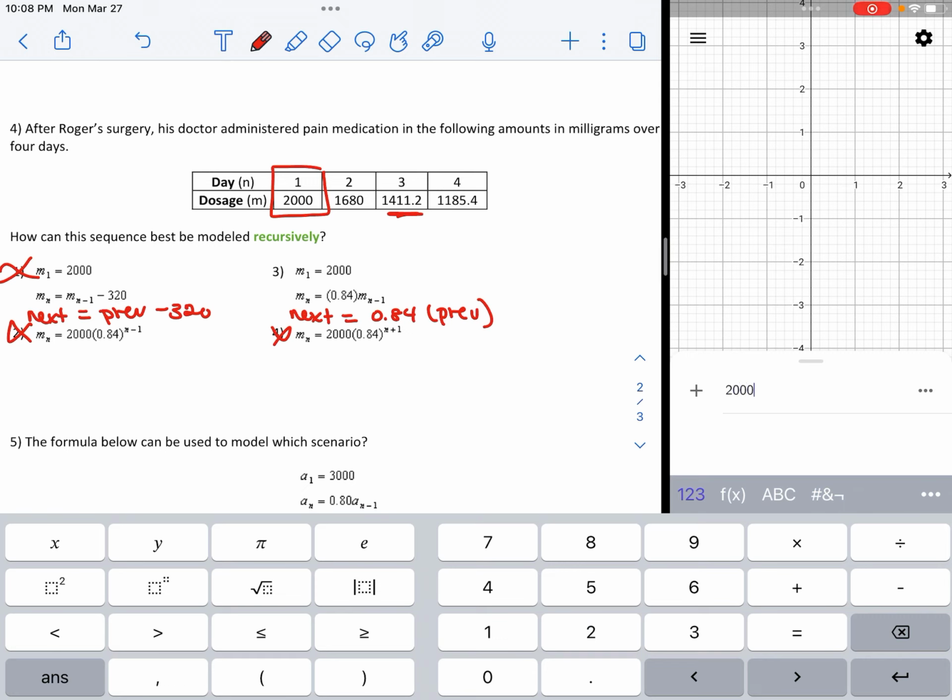Starting at 2,000, multiply by the 0.84. 1680. Take the answer to the previous step and multiply by 0.84. There I get my 1411.2. Take the answer, multiply it by 0.84 again, and you get the 4th term. So this is the correct answer.